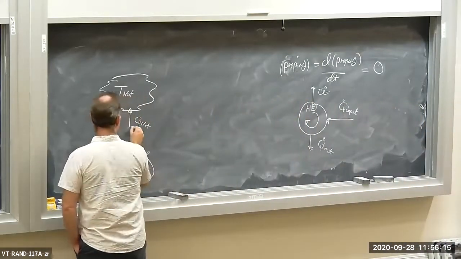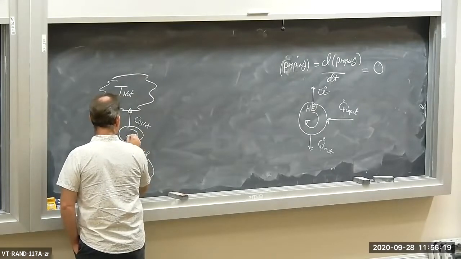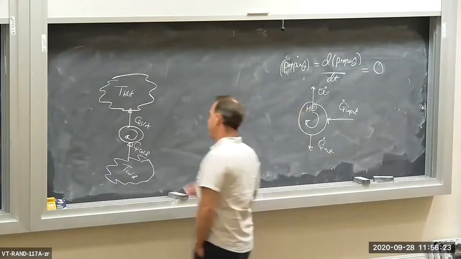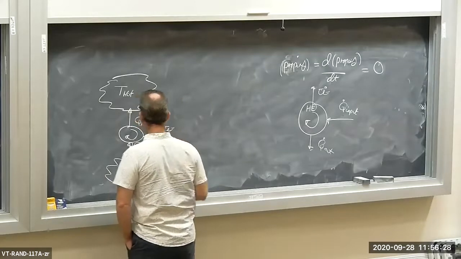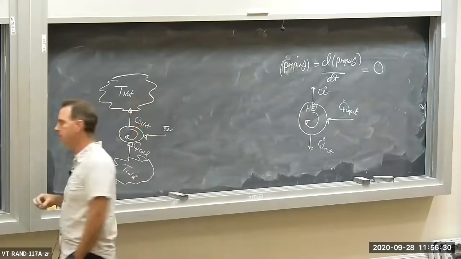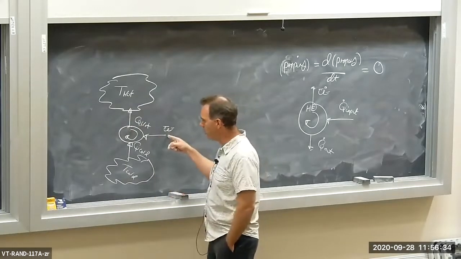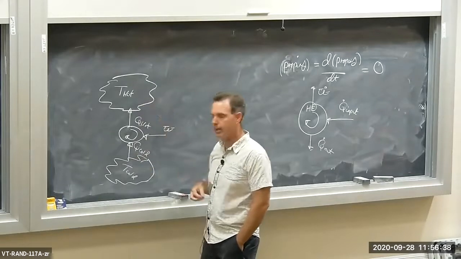So I have a device here, a cyclic device. And this device is going to receive a certain amount of work, W, over the cycle. Applying a certain amount of work, this device will transfer heat from the cold to the hot place.